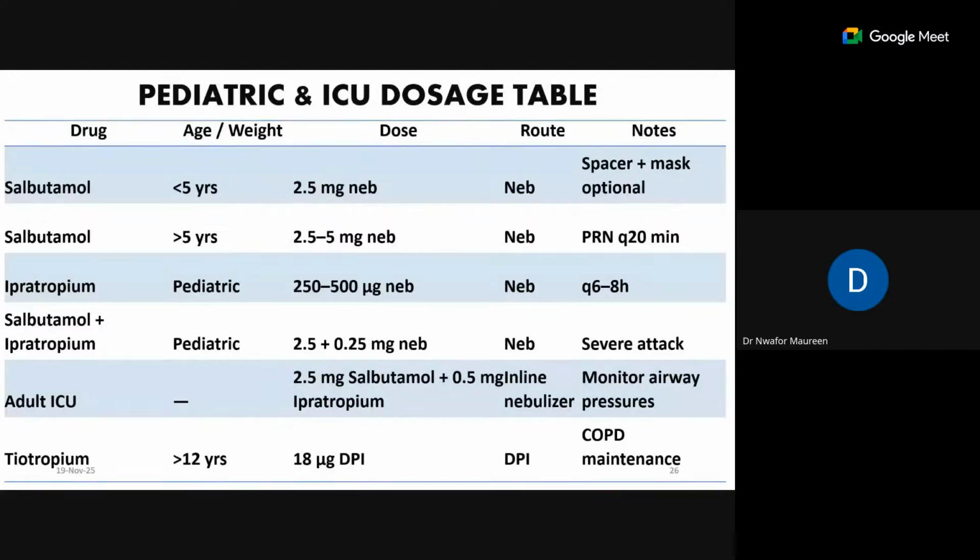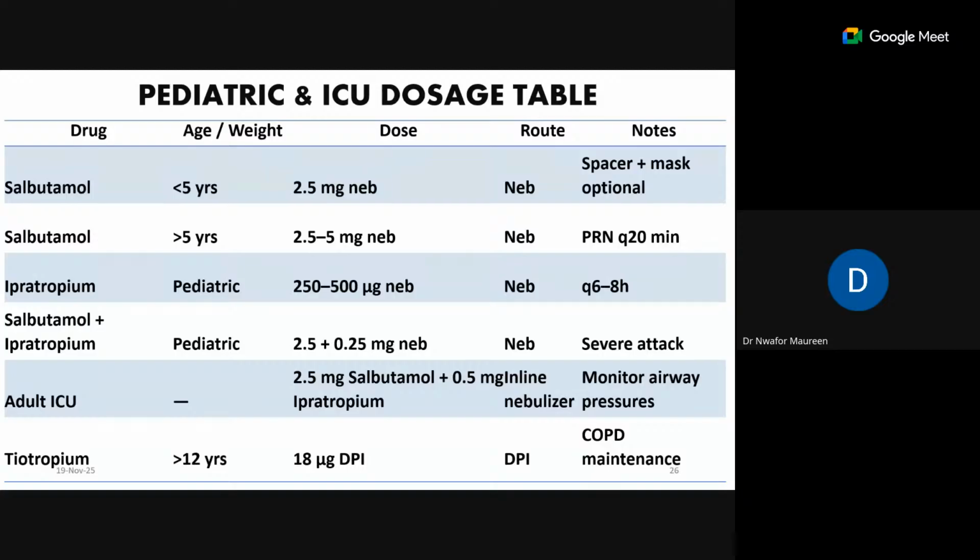In these slides, I just try to bring out the pediatric dosing for these bronchodilators. For salbutamol, for a patient less than 5 years, give 2.5 milligram salbutamol nebules. Prefer to use a spacer plus mask is optional too.